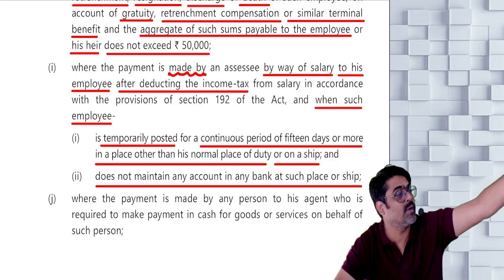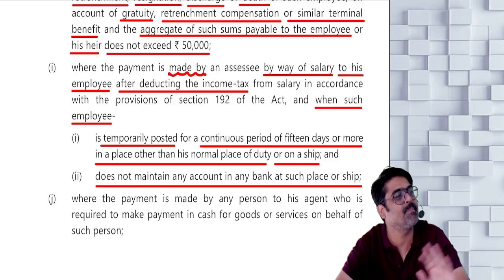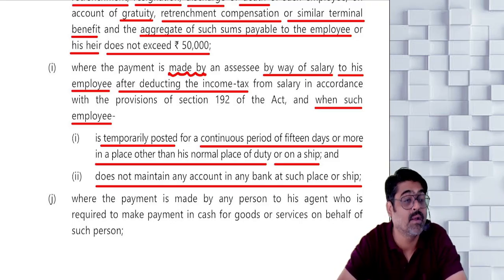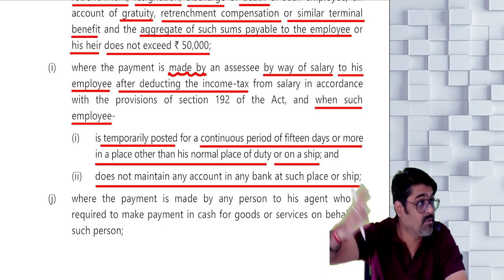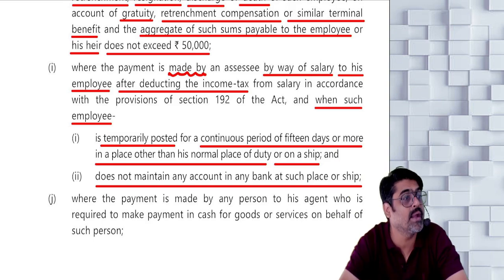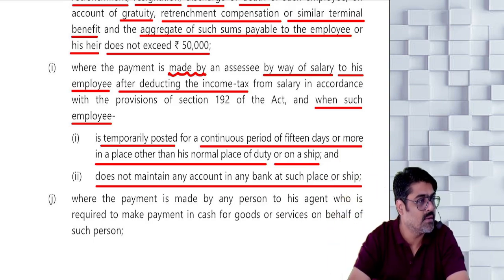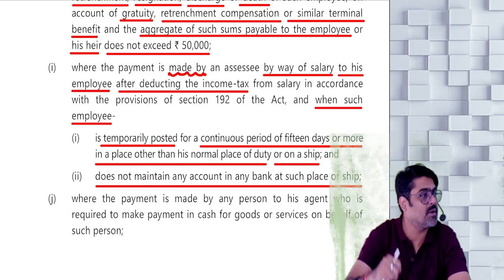That place is not your normal place of duty. Temporarily for 2 months you go there and again come back. For example, a big highway project is going on. So you are my employee, and you'll have to go to that site, and that site is away from your normal place of duty.